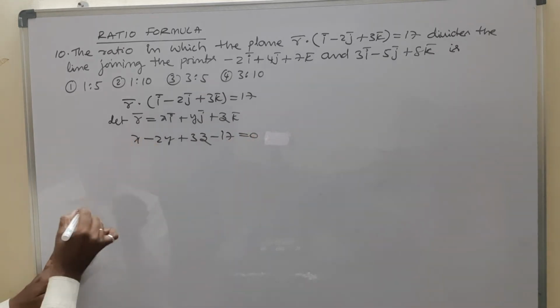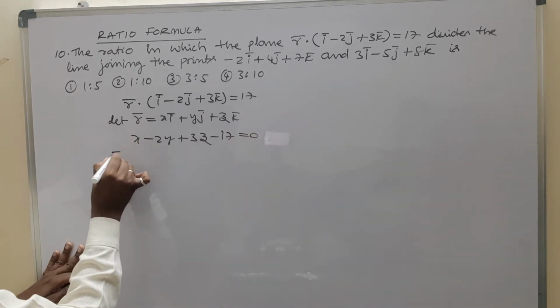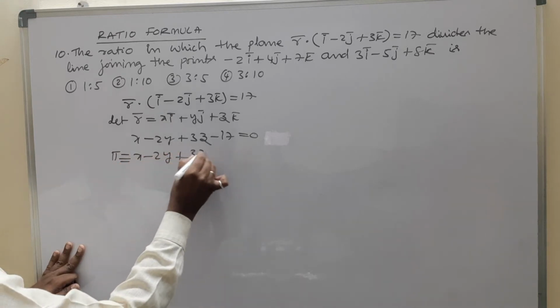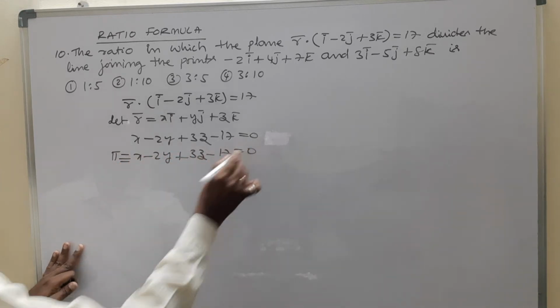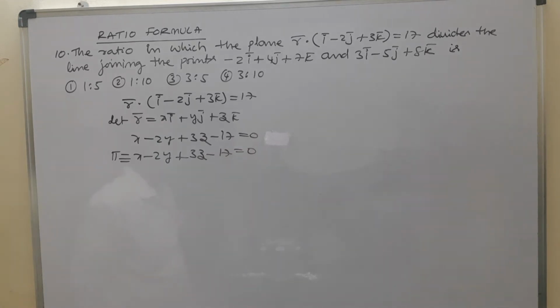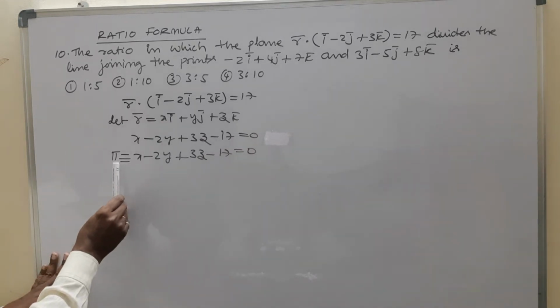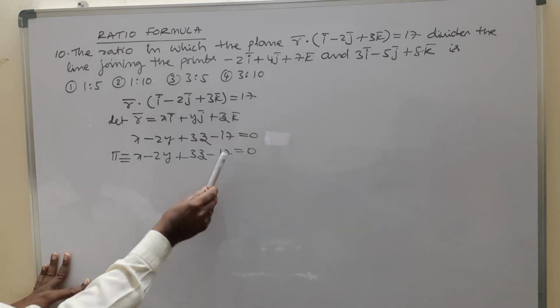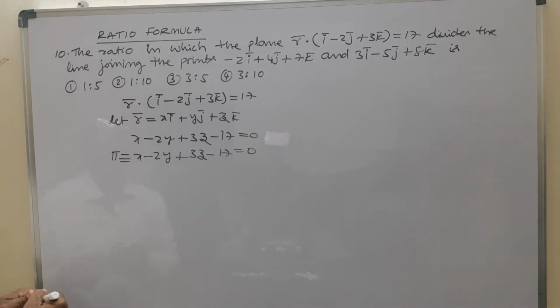This is the equation of the plane. It is denoted by pi. Pi is identically equal to x minus 2y plus 3z minus 17 equal to 0.